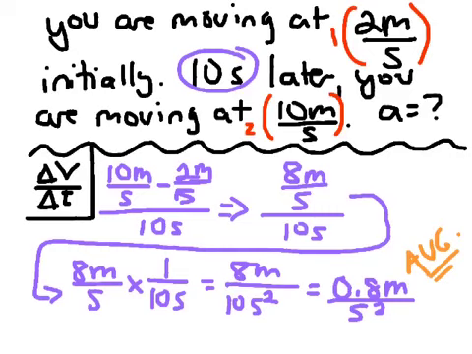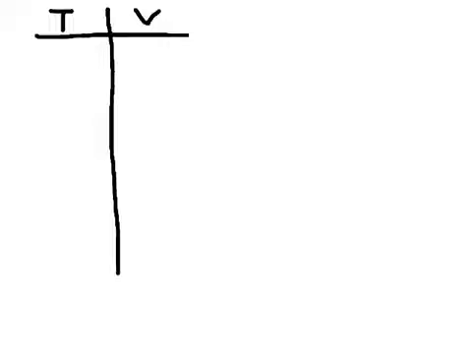So let's take a look at what that means. We started at 2 meters per second, and our acceleration is 0.8 meters per second squared. Here I am at this time, so time and velocity. I'm going to make this chart. We had time 0, and velocity, I'm just going to give the units, in meters per second.